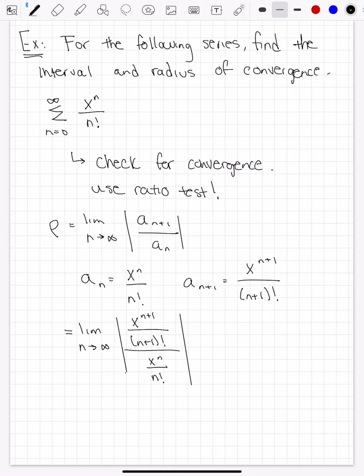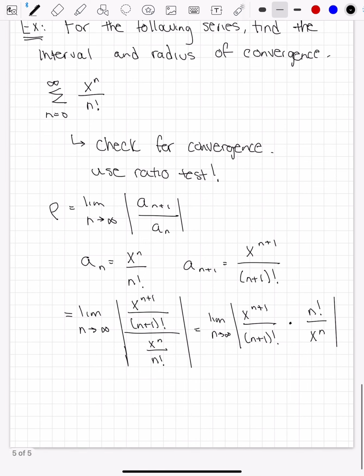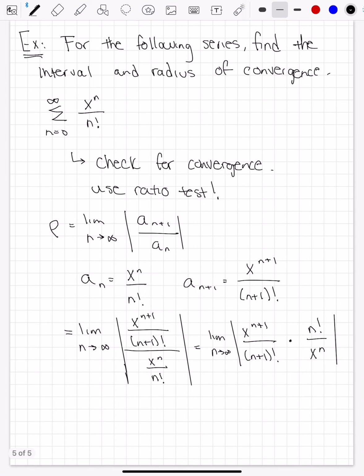And then, right, we can't divide by fractions, so we keep the numerator as is, which is x to the n plus 1 over n plus 1 factorial, and change the division to multiplication and flip the denominator. So we're using keep, change, flip. Now we're going to rewrite things so that we can see that things cancel out, as we were doing in the last section 5.6.